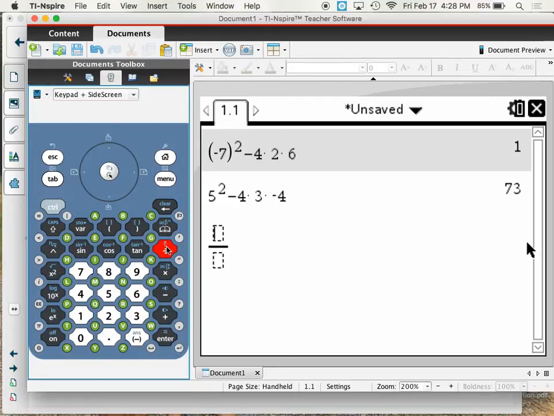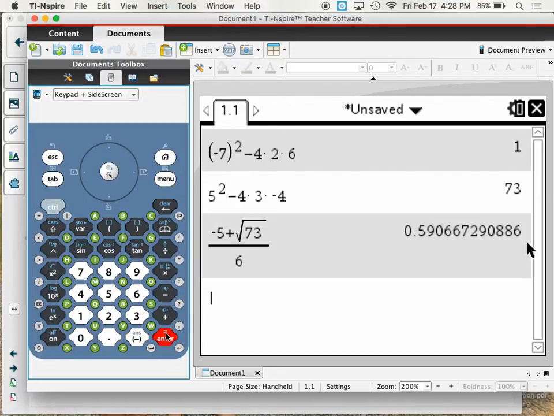And then my numerator is going to be negative 5 plus the square root. So square root is control and then x squared. And then I'm going to go to the bottom and divide by 6. I'm going to type it in like that, press enter, and it's going to give me my value.